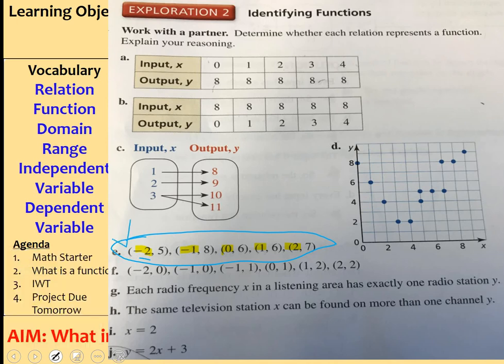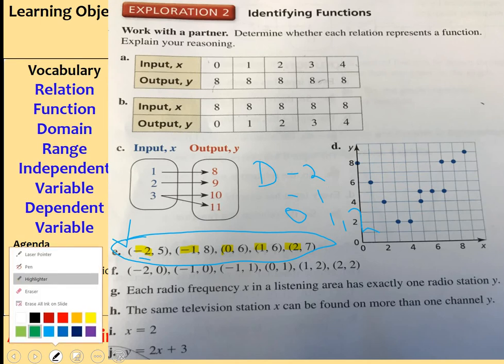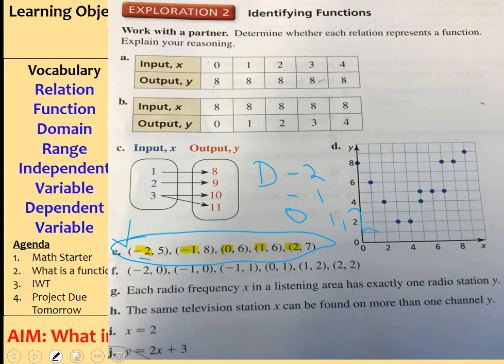Okay? And now for my domain, I'm going to list all the things that I highlighted. So -2, -1, 0, 1, and 2. Those are my domains. And I'm going to highlight, let's see if I can change the color. Oh, whoops. Highlighter, yeah, see?